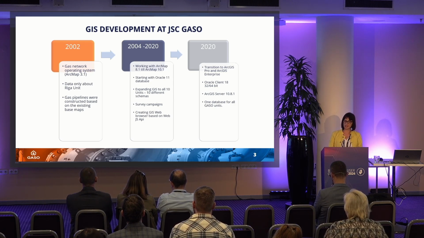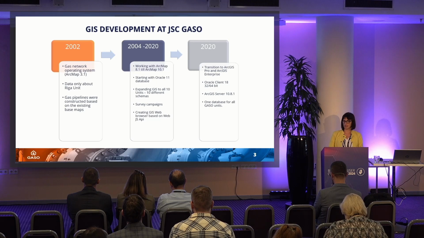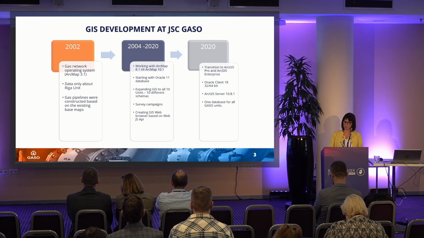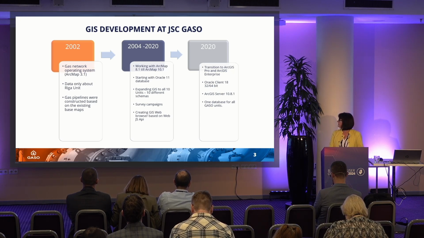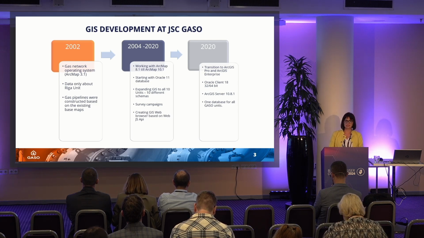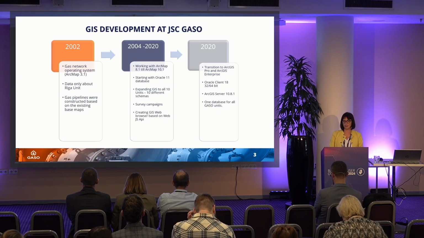In 2020, we moved on to ArcGIS Pro, and this is where we stand now. And then, as I already said, the next thing is a move to the utility network.